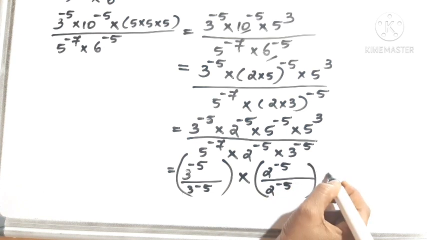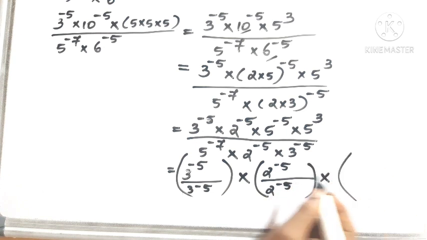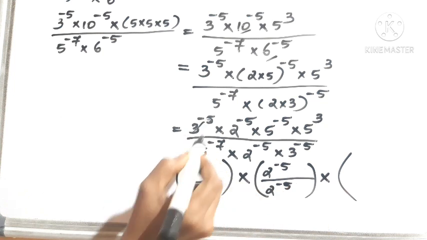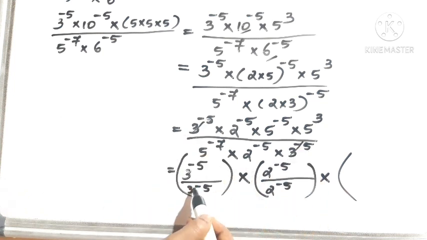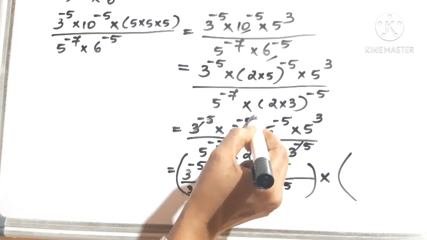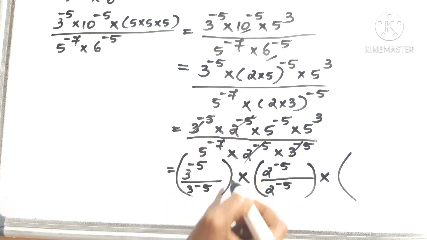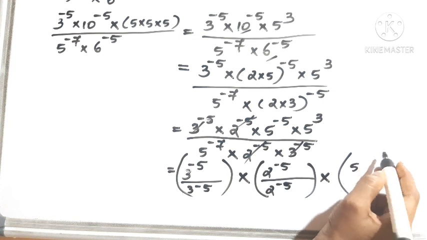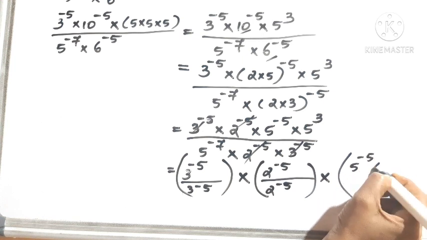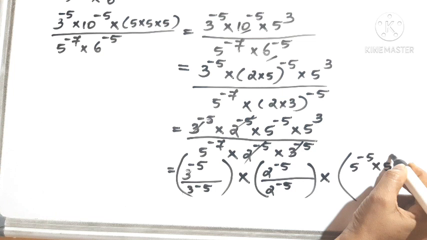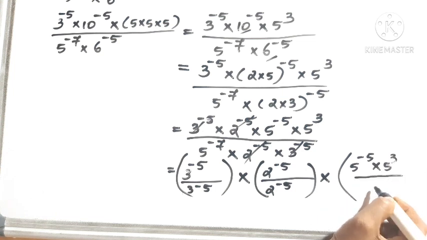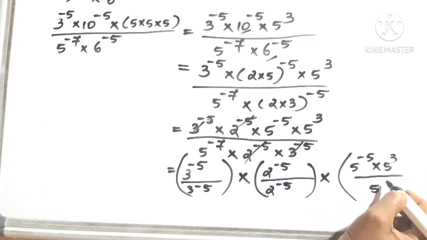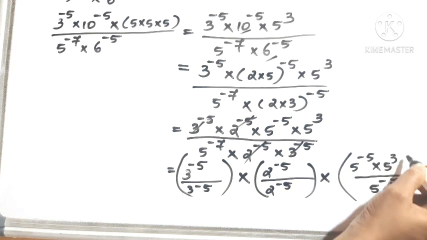In third bracket, into 3 raised to minus 5, 3 raised to minus 5, 2 raised to minus 5, 2 raised to minus 5. Left over here, 5 raised to minus 5 into 5 raised to 3 all divided by 5 raised to minus 7.